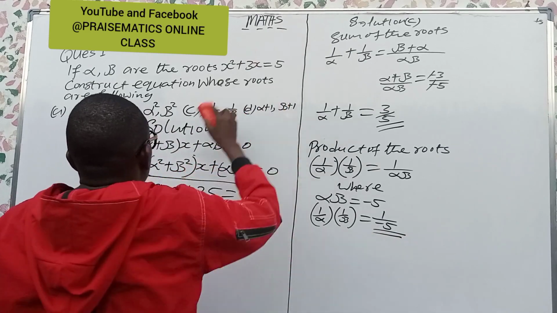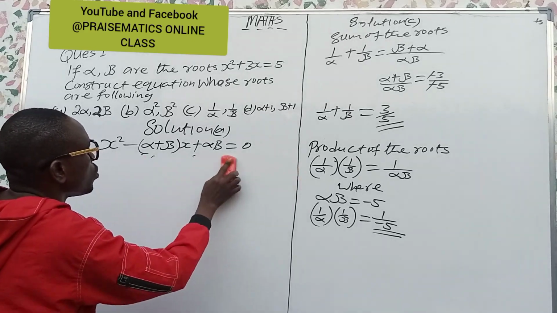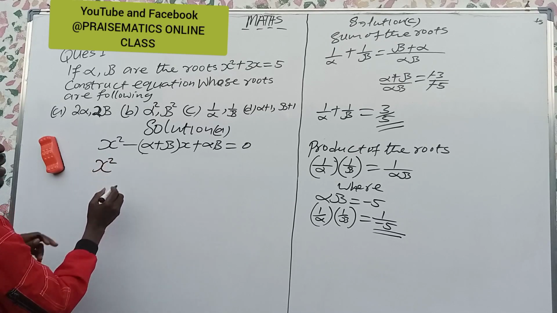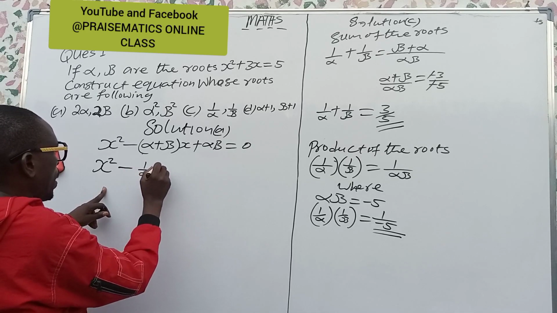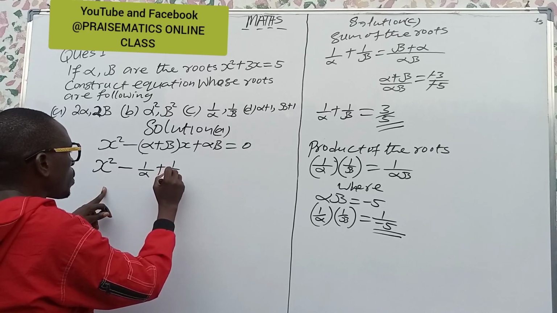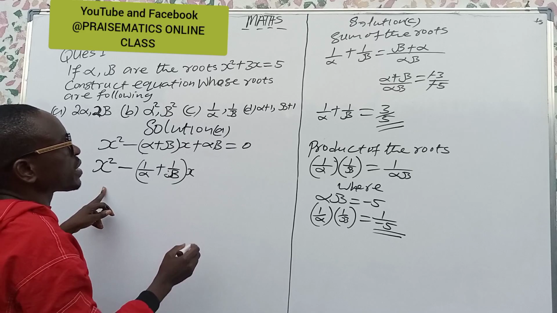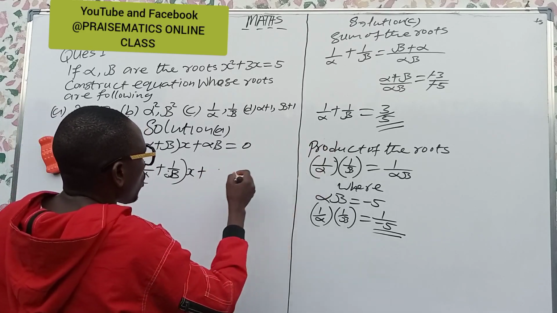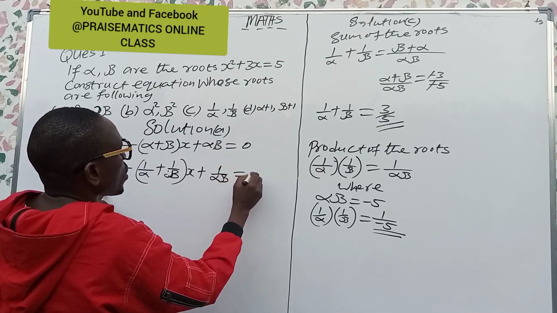So we substitute it here again and get our new quadratic equation. Now the equation is x squared minus 1 over alpha plus 1 over beta, all into x, plus 1 over alpha beta, all equal to 0.